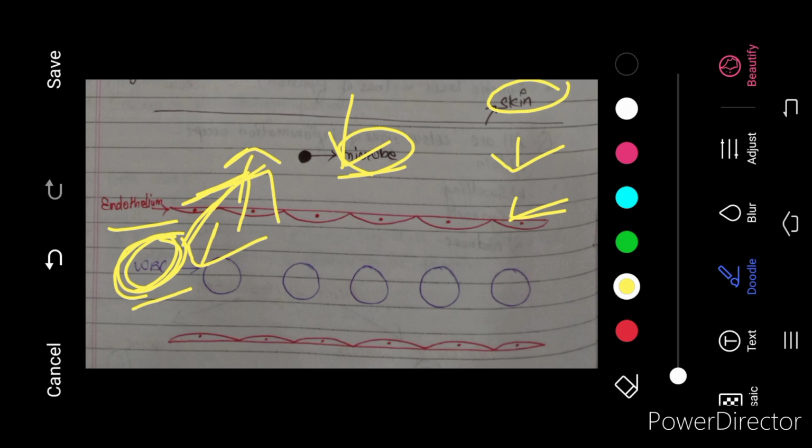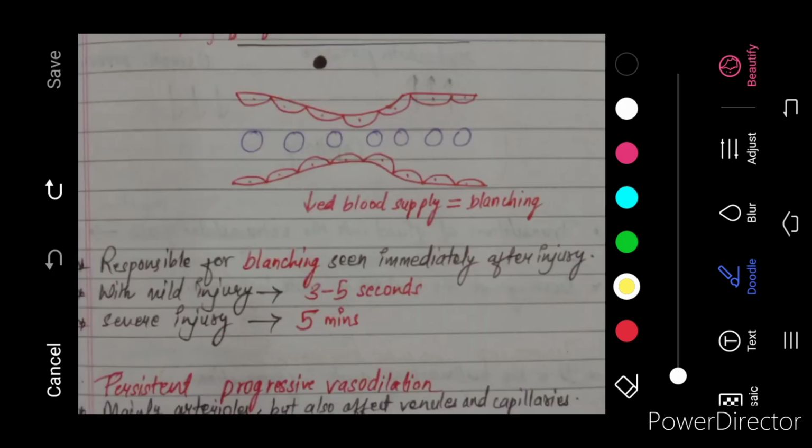So there are 11 steps through which the WBC will come out of the blood vessel, and finally it will fight with the microbe. Now we will proceed with the vascular events, and then we will proceed towards the cellular events of acute inflammation.